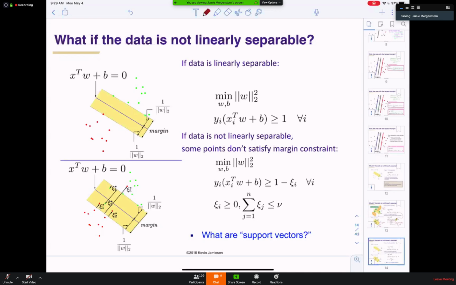It's instead that in 2 dimensions, you really only need 1 point from each of the 2 red and green classes to define W. And in the example we have drawn here, in the linearly separable case, there are actually 2 green points which are equidistant from the decision boundary, but either one of those would be sufficient to define W.